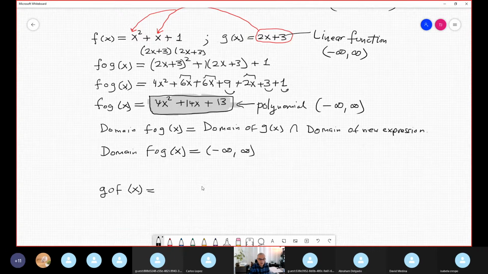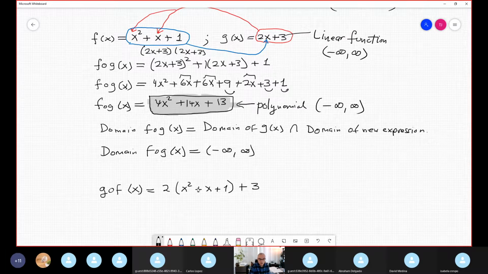So in this case, the first function is F. Now you substitute here in the x of the second function. So you get 2 parentheses, x squared plus x plus 1, plus 3.